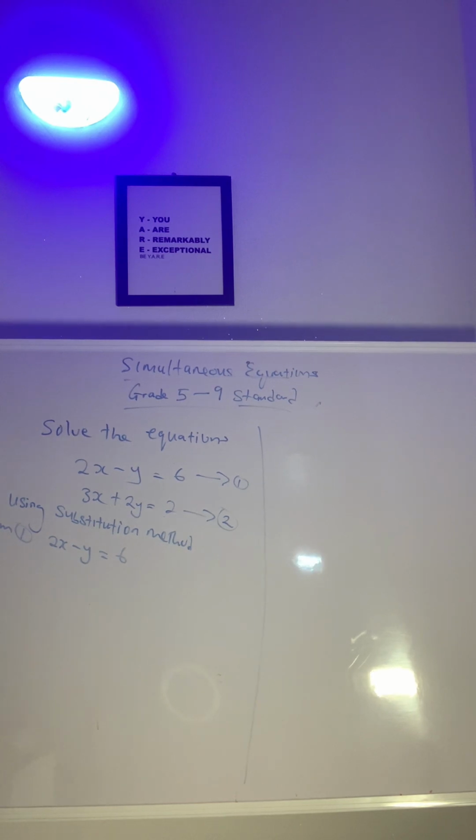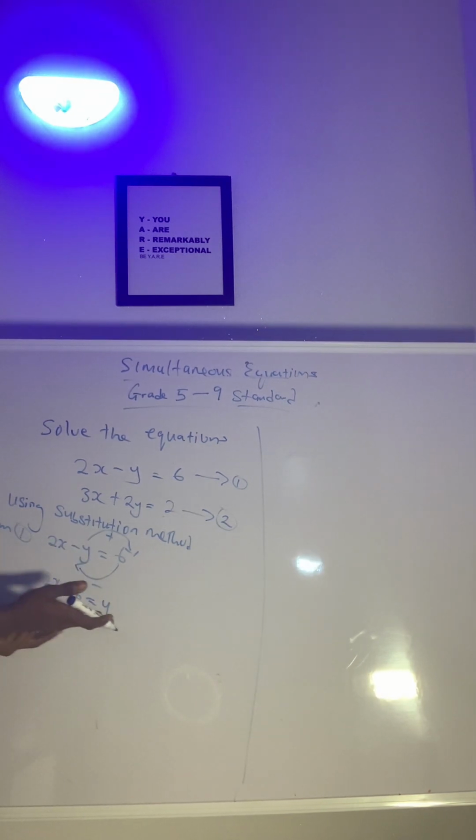So making y the subject of the formula, meaning I can take y to the other side, or I take this one to the other side. But let me take y to the other side, then move this one to the side. That gives me 2x. Since 6 is a positive number, if I'm taking it over the side, it becomes negative. So that gives me 2x minus 6 will be equal to y.